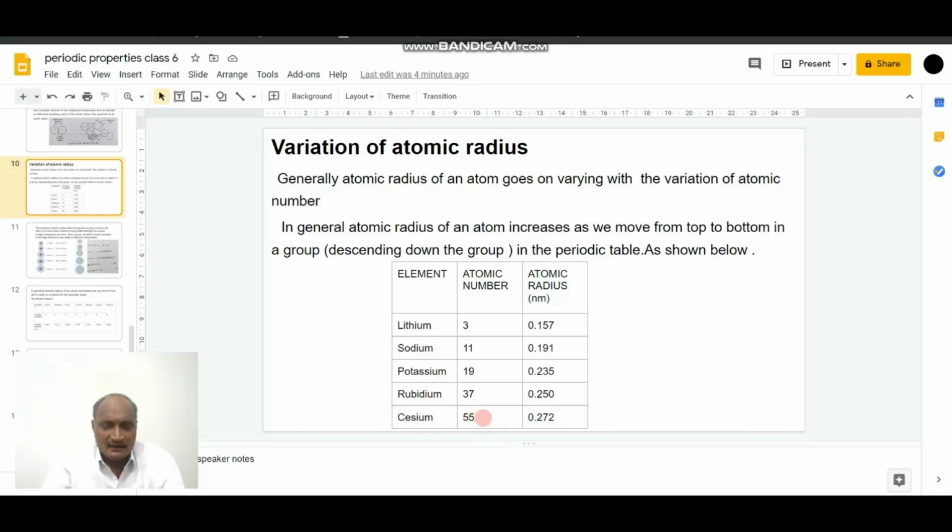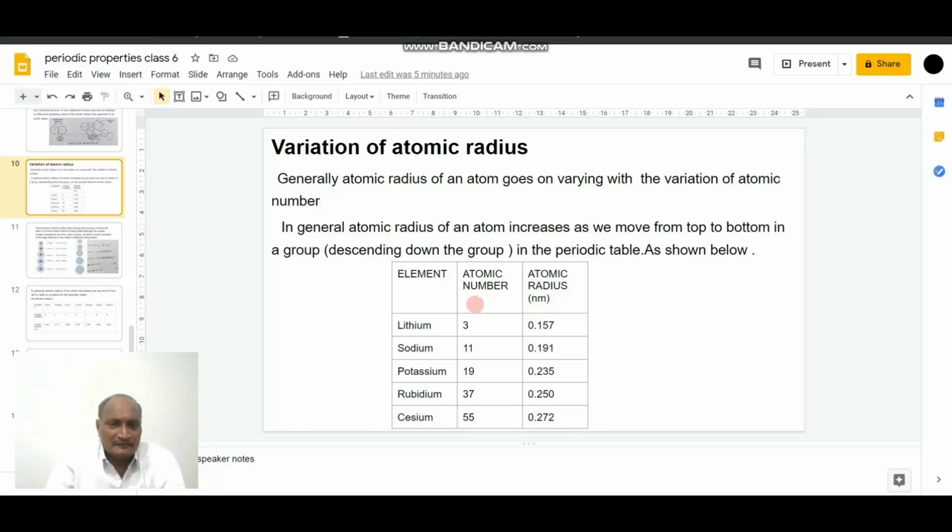That is, descending down the group, the atomic radius goes on increasing. The following table indicates the values of atomic radius and their increase as the atomic number increases.